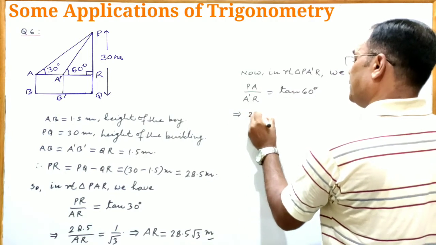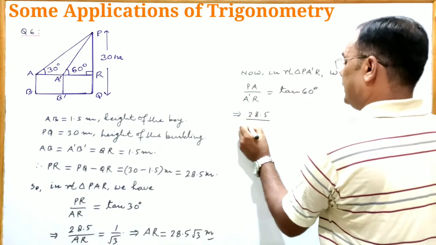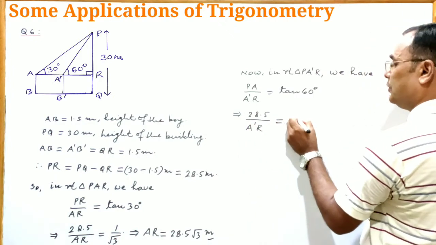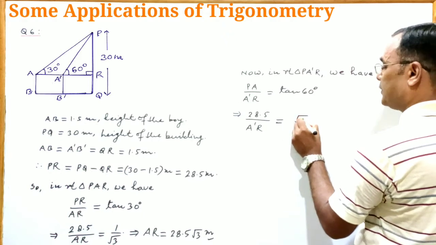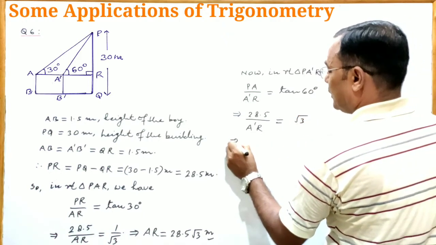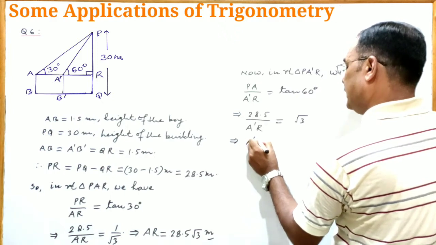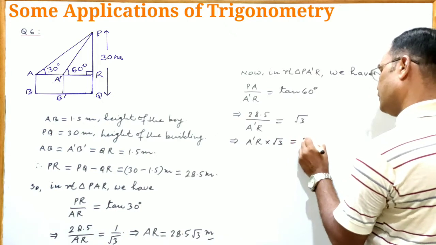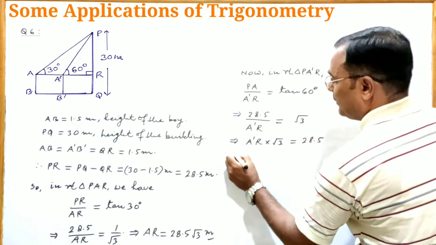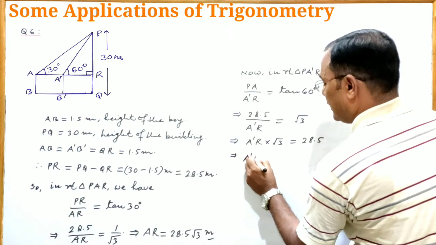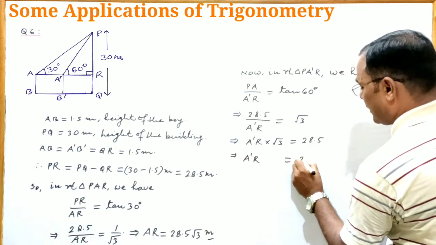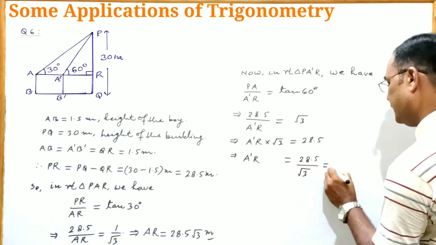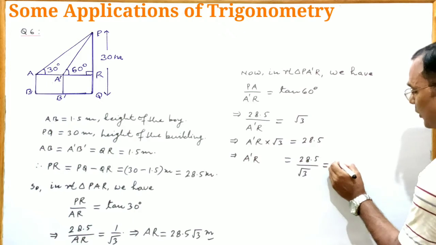PR is 28.5, so 28.5 by A dash R equal to tan 60 degree, value root 3. Cross multiply, A dash R into root 3 is equal to 28.5 and A dash R is equal to 28.5 by root 3. Let us rationalize this denominator.